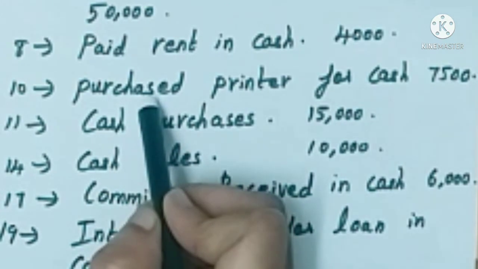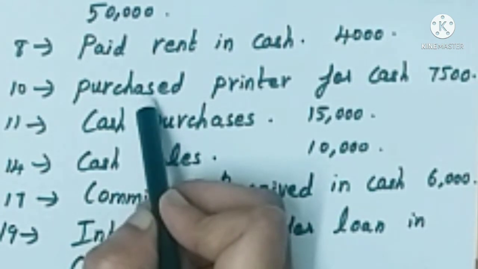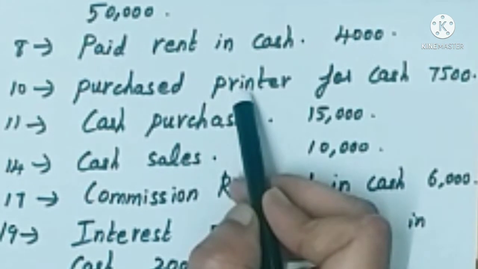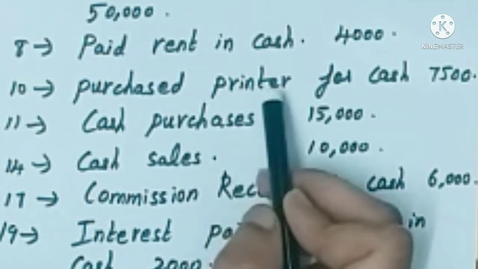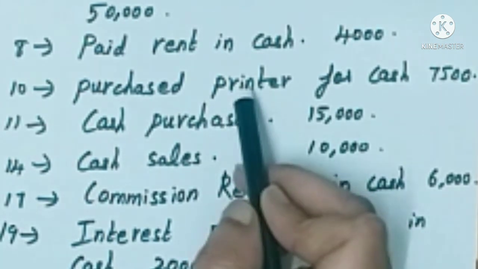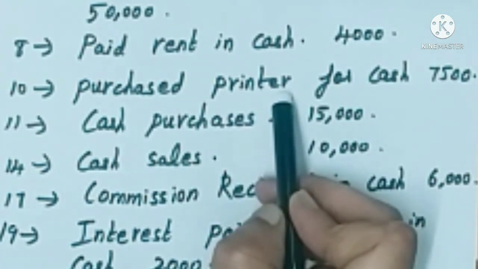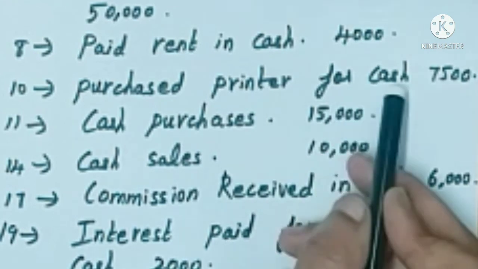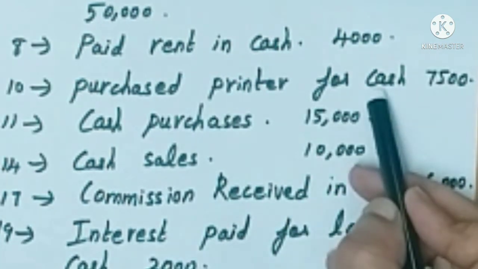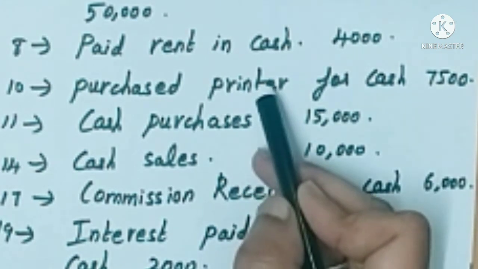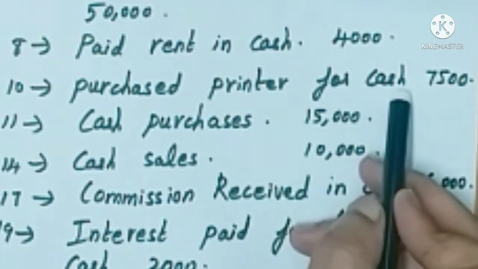We already know that purchase is an expense. But what are we purchasing here? We are not purchasing goods. We are purchasing a printer. So what is coming in? Printer is coming in. So we have to debit printer account. When we make purchases, what happens? Cash goes out. So we are going to credit cash account. So the entry is printer account debtor to cash account.